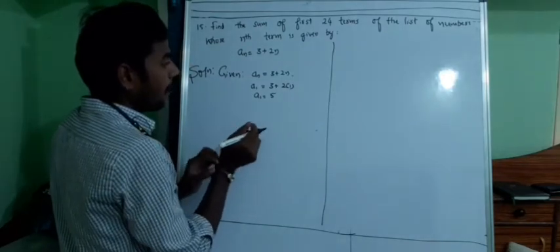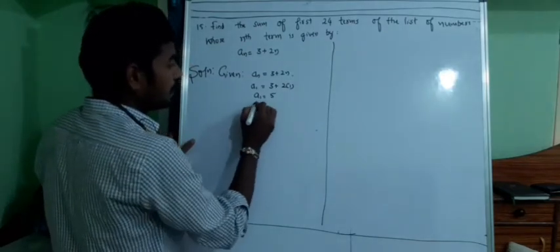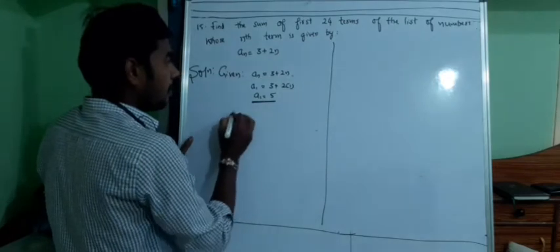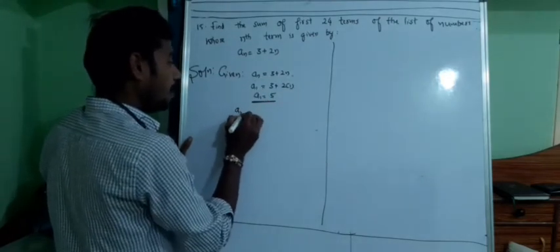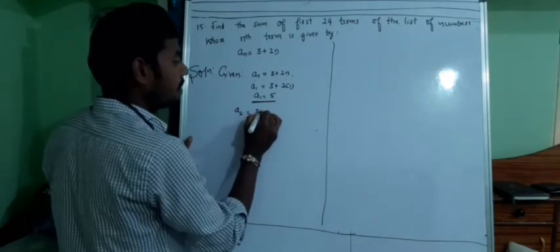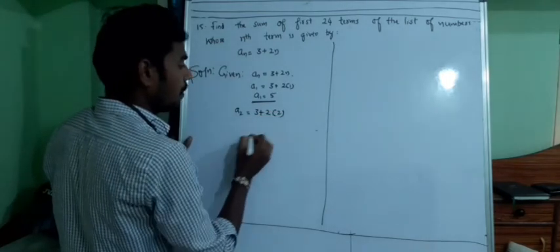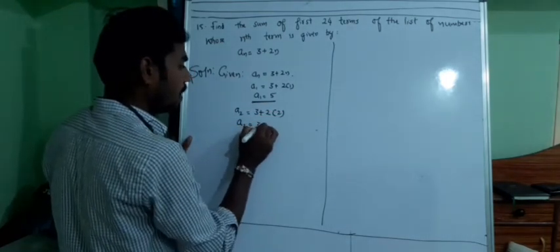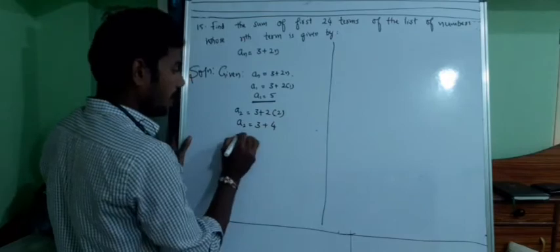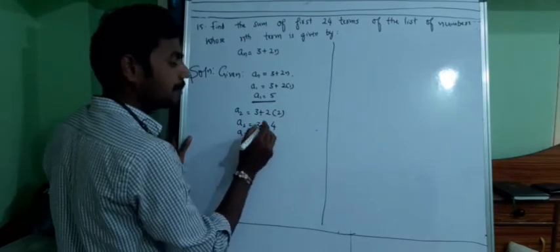Now we need to place 2 in place of n. 3 plus 2 into 2. a2 is equal to 3 plus 4. a2 is equal to 7.